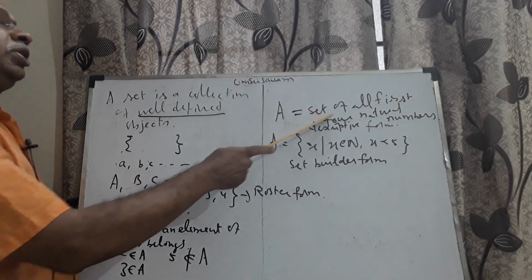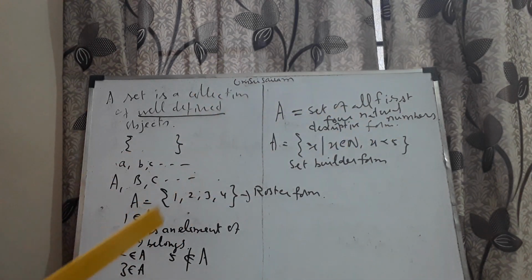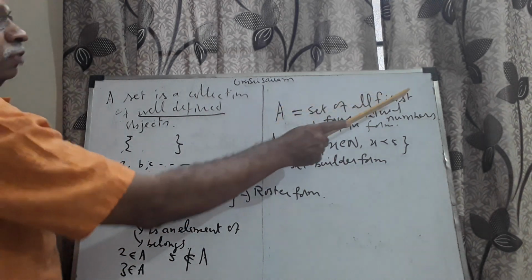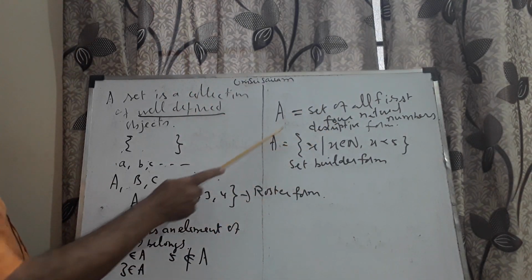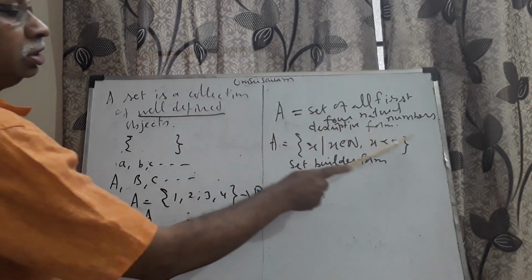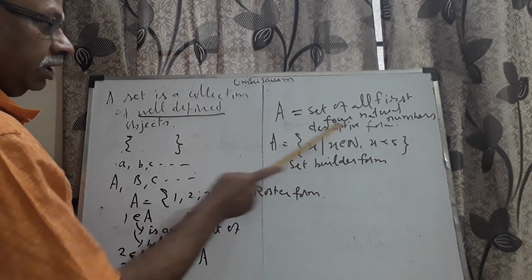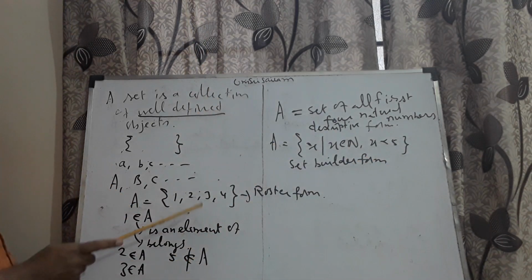And without set notation, if I describe the elements, set of all first 4 natural numbers, 1, 2, 3, 4 are natural numbers, everybody knows, such a notation is called descriptive form. If I write with a common property of the elements like this, it's called set builder form.